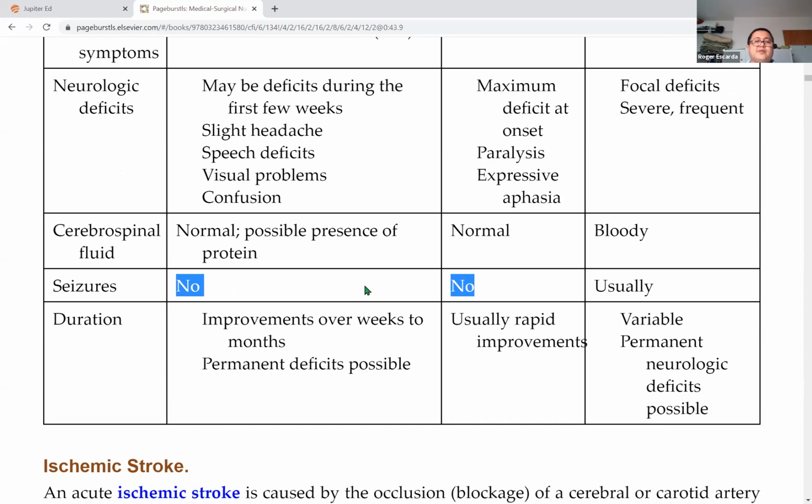However, if the patient doesn't receive treatment here, of course, there will be increased ICP eventually because as the brain cells die, there will be inflammation and edema around the dead parts of the brain, which will still increase the volume of the brain tissue, causing an increase in ICP eventually, but not right away. This one's definitely the same as in traumatic brain injury.